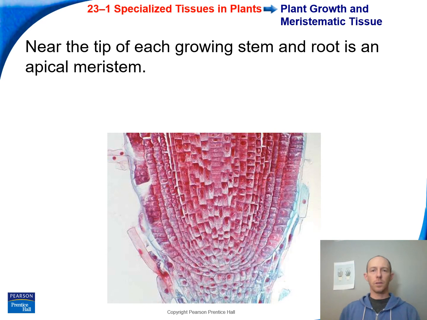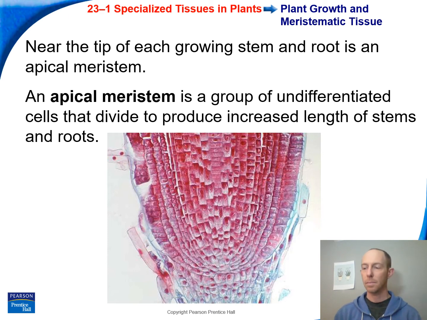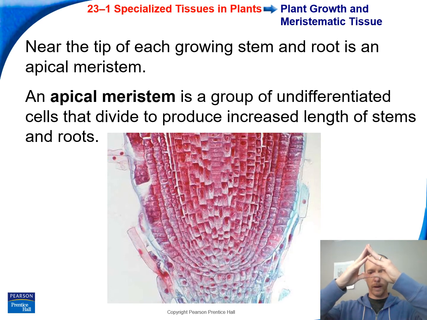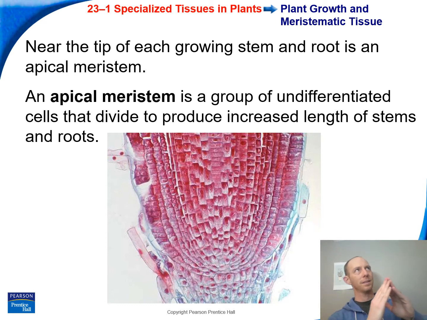Okay, so the special kind of meristem tissue at the end of roots and stems gets a special name, which is the apical meristem. Apical as in apex, like the point of this cool hand triangle I'm making for you is the apex. That's what apical means.